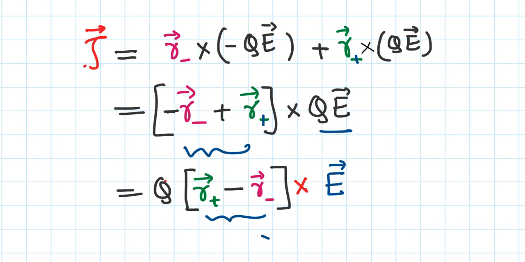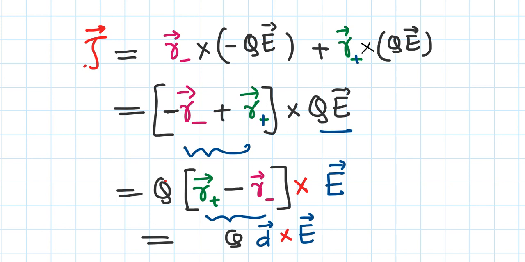I can call it vector D, and you have this electric field E, and in between them we have the cross product, and in front of it we have Q. So what was Q times the difference vector?